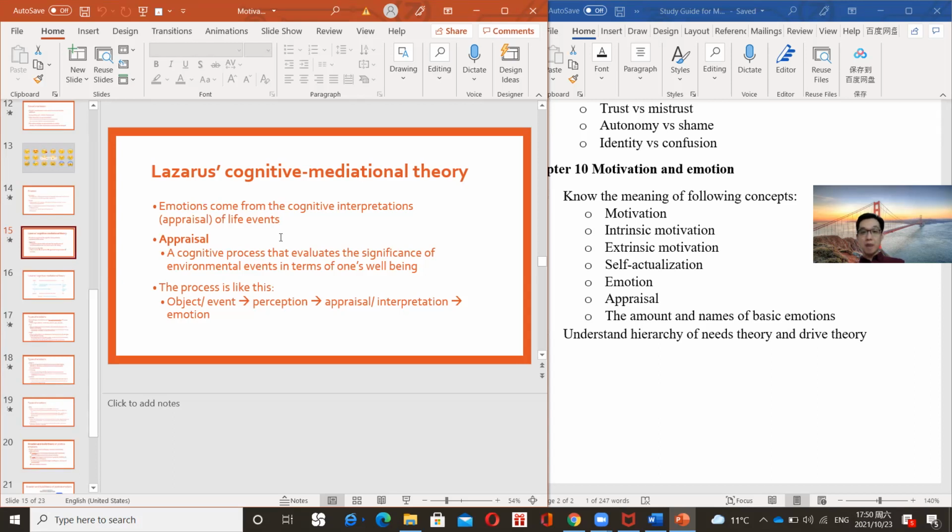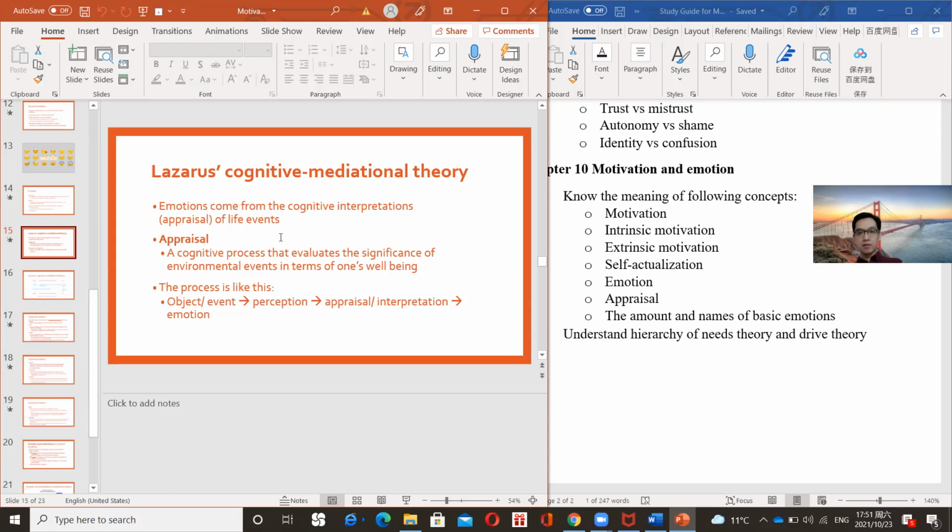That is an evaluation in the mind, evaluation of the significance of that event or thing or object in terms of that person's well-being. So the mind will evaluate whether this event or thing will threaten or improve my own well-being, and to what degree.